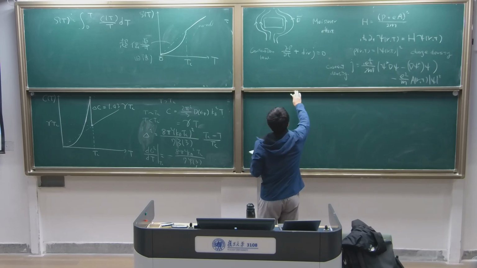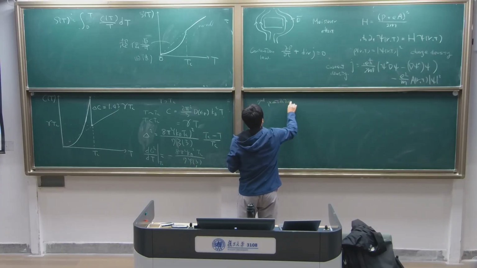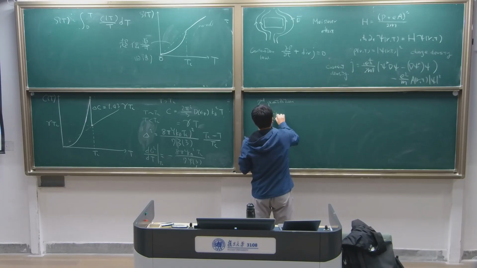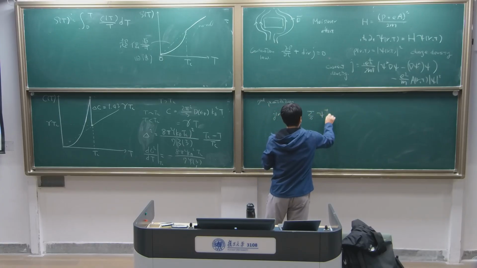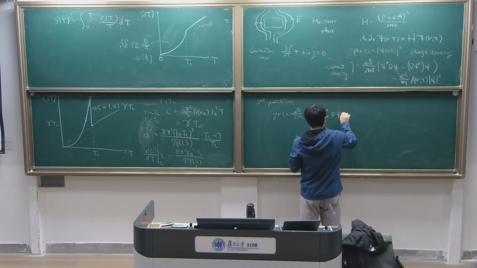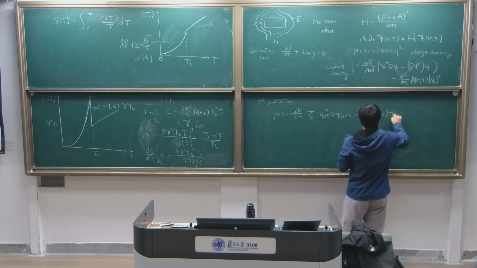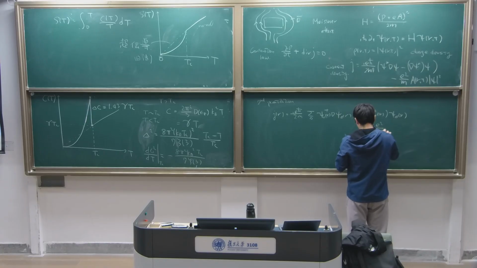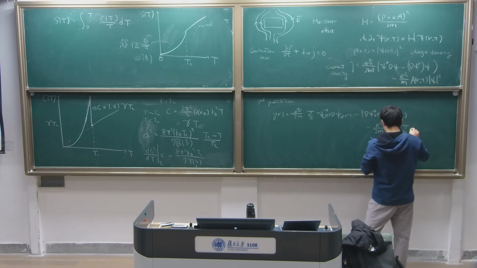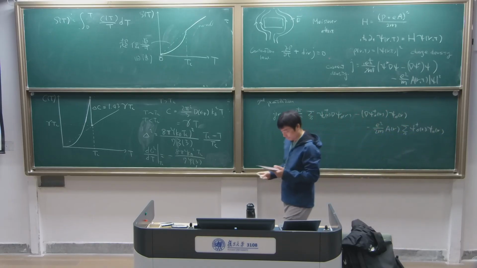So the second conservation. We fix this current of the operator, M sigma, sine sigma R. Like this.